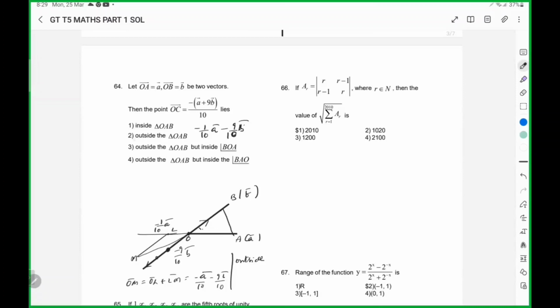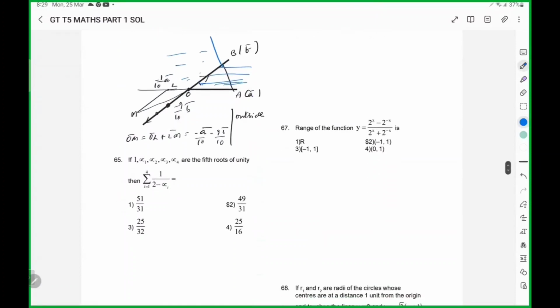It is outside, means there are three options, but angle BAO region means this is the angle BOA region. So it is not in that region. Angle BAO region means in this region. So you can simply say outside, it is not in any specified angular region.